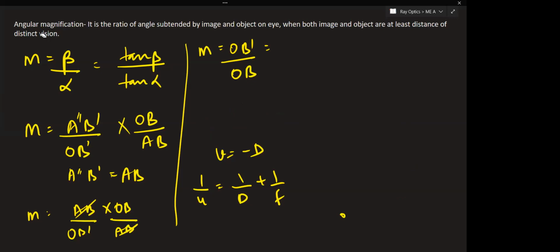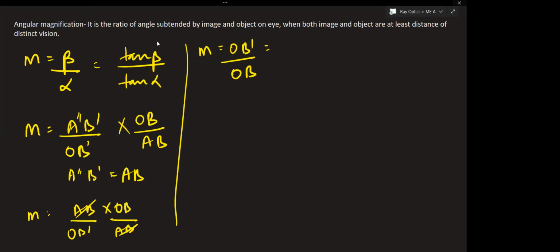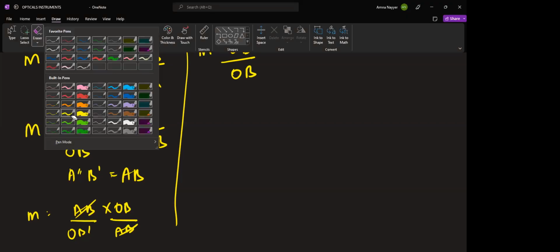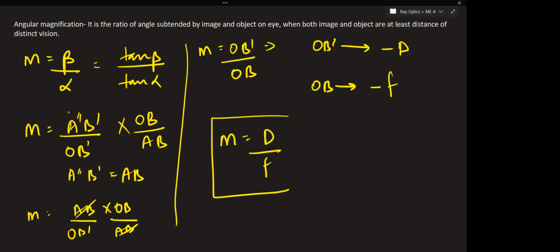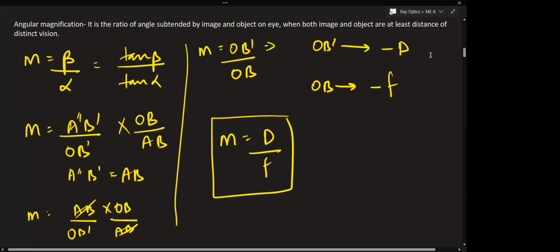Your answer will be completed till here only. OB dash is still the least distance of distinct vision, but OB, that is the object distance, is what? This is the focus. So magnification becomes D by F. That's it. All right, quickly note it down.